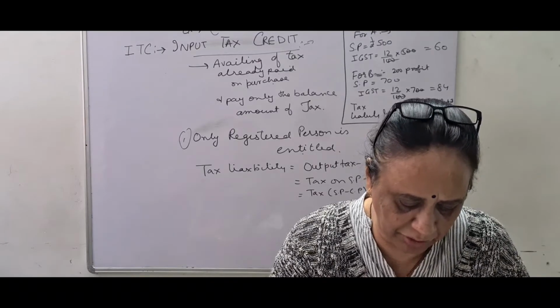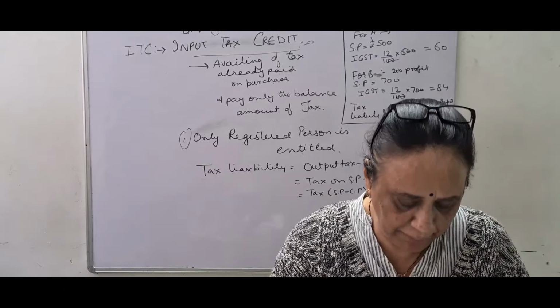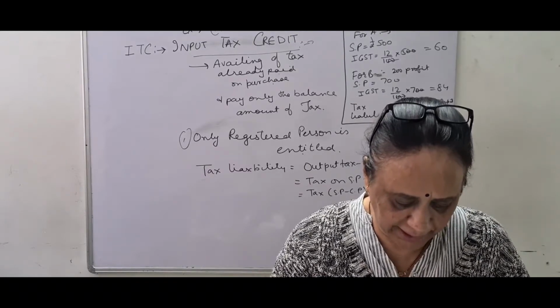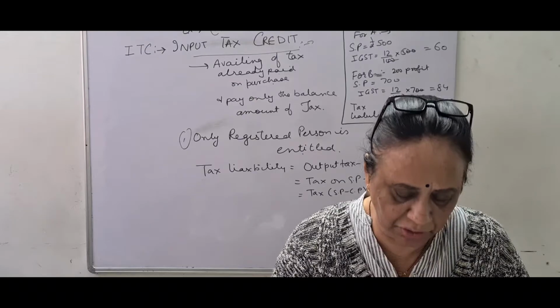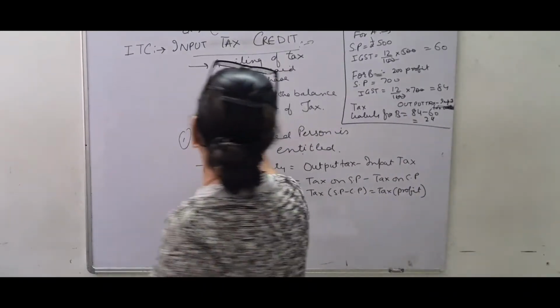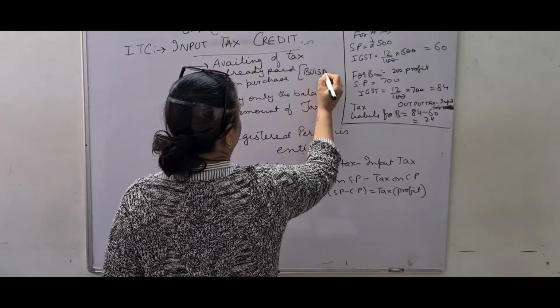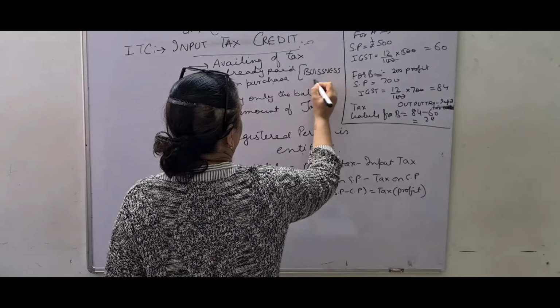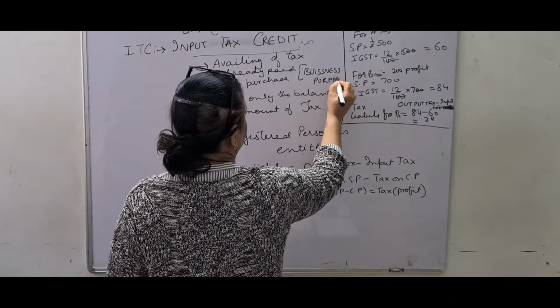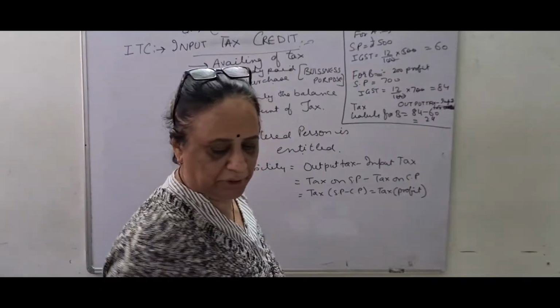So again, we are not going to drift away from the topic, and the topic is input tax credit, which can be availed only on goods and services for business purposes. So this is a short definition of input tax credit.